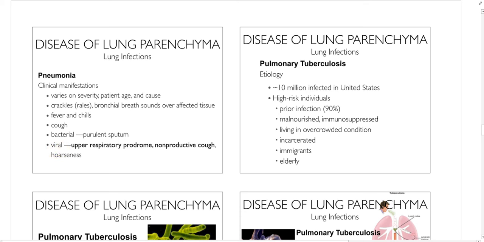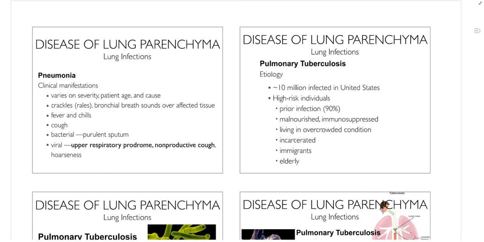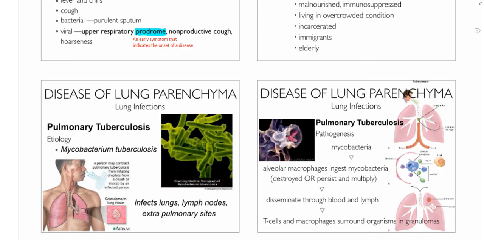If it's viral, it may present as an upper respiratory disease, which is actually a prodrome, meaning an early symptom that indicates the onset of a disease.